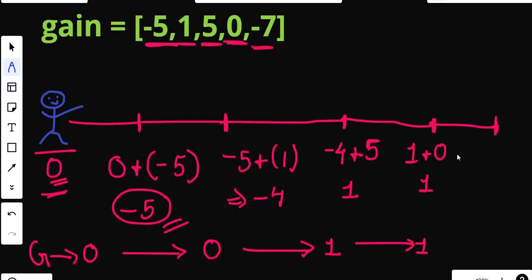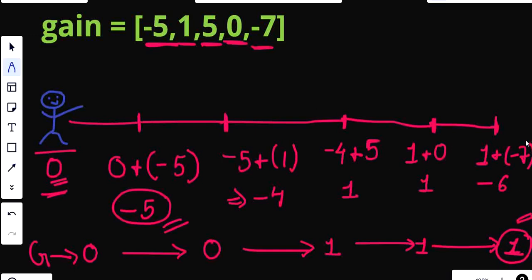At this point I will take 1, add -7 to it, and the value will become -6, and as -6 is less than 1, I don't have to update the greatest altitude. At the end of this traversal I will have the greatest altitude equal to 1. So I will return this, and this is the answer.